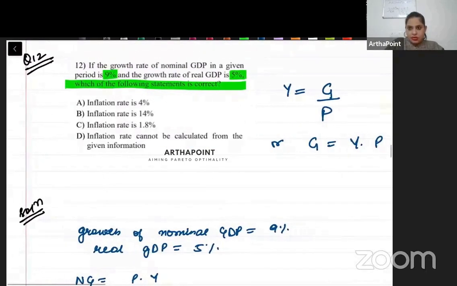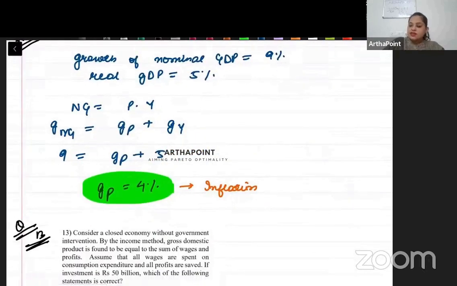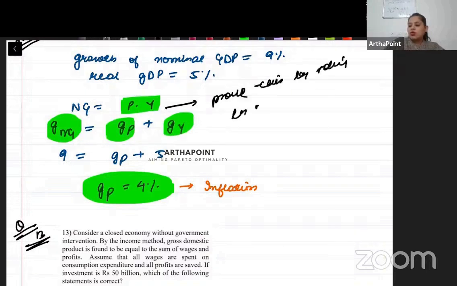Now, we have done this multiple times, that when two things get multiplied, then in terms of growth, it means that growth of nominal GDP will be growth in price plus growth in output. And you can prove this by taking log on both sides.